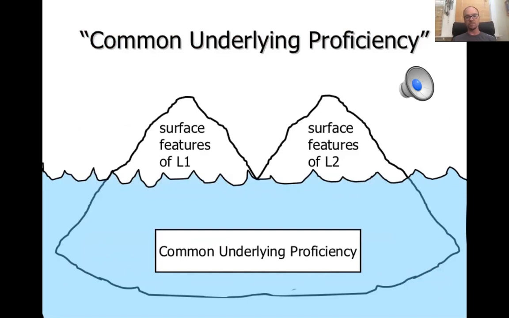Another way that common underlying proficiency works is with respect to what's often called cross-linguistic transfer. So it's not just content knowledge, but it's linguistic knowledge. That same student who went to school in the Dominican Republic and learned about photosynthesis also learned to read in Spanish. And so now that student knows what the letter B is and the sound it makes.